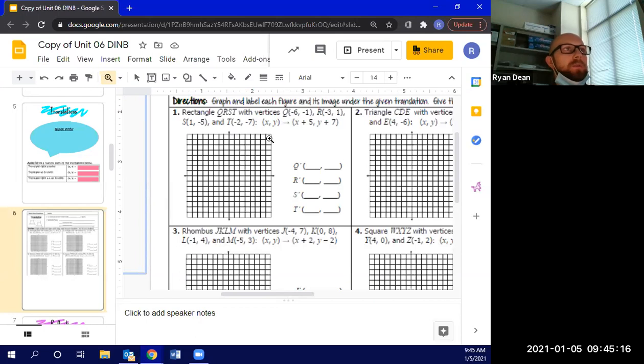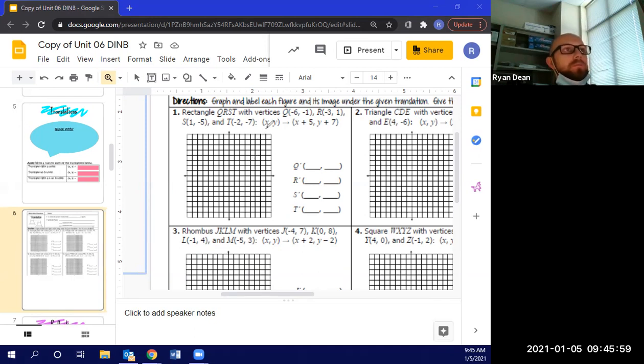Typically with questions like this, they're going to list out every single vertex for each of the points, and then they're also going to tell you what the translation is. With the other transformations, you're not going to see exactly what you're doing, like addition and subtraction wise. That's what's special about translations. With translations, they tell you exactly what to do in terms of how far each point is going to go and what direction it's going to go in.